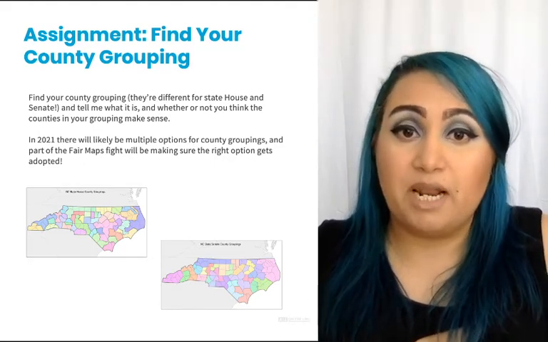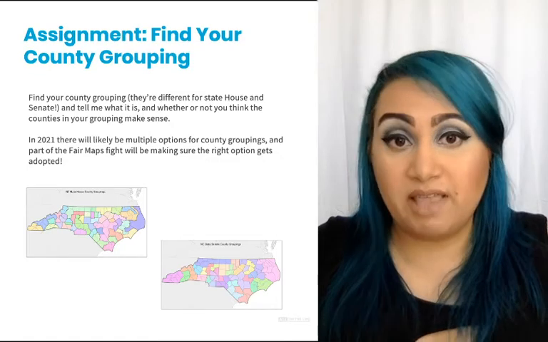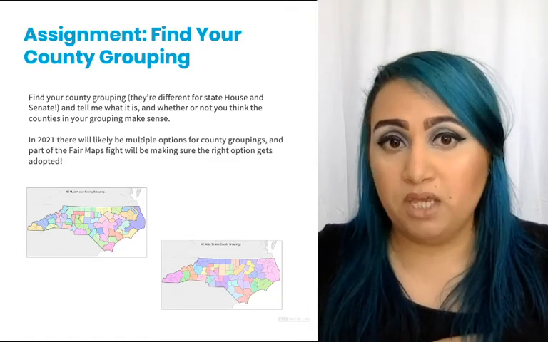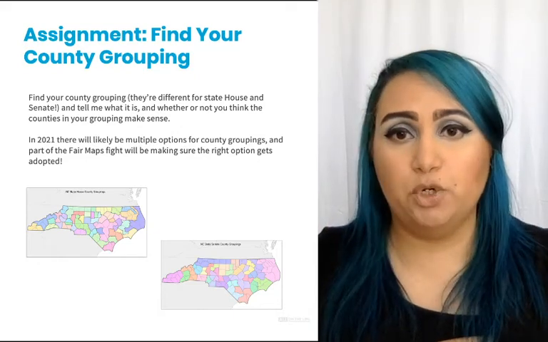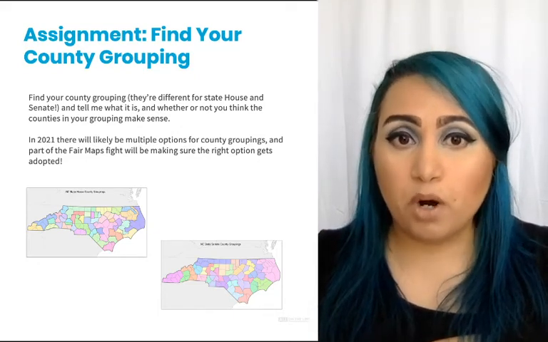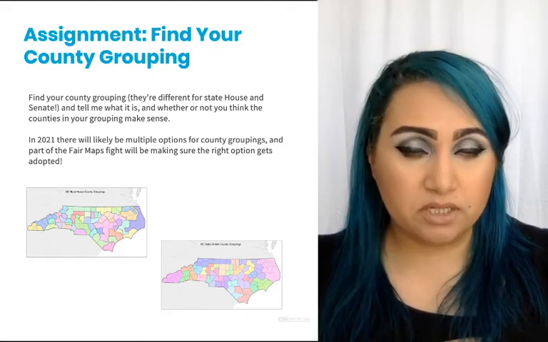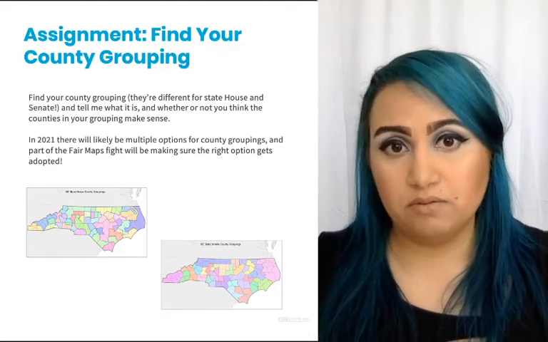And the reason that I'm asking you to do this is because that will be a huge question in 2021. In 2021, there will probably be multiple ways that the county groupings can be drawn, and part of the Fair Maps fight will be making sure that the right county grouping scheme is picked, right?